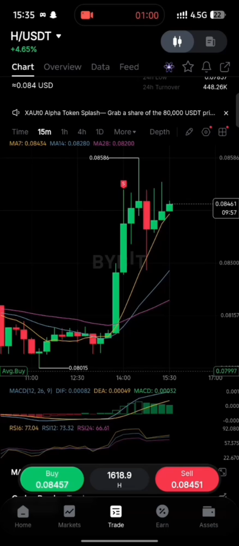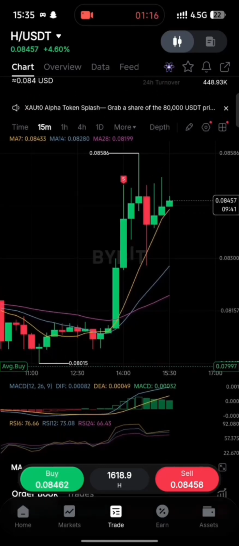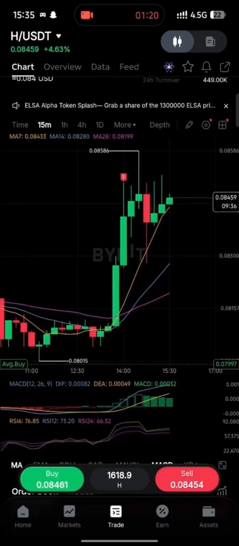When you see profit, take profit and wait for another opportunity. All right, I am still waiting for 0.9. The moment I get 0.9, it means I've made up to 30 USD from this simple day trading.